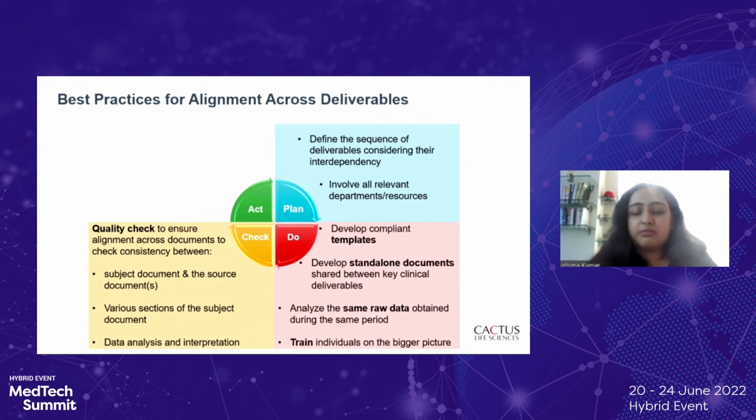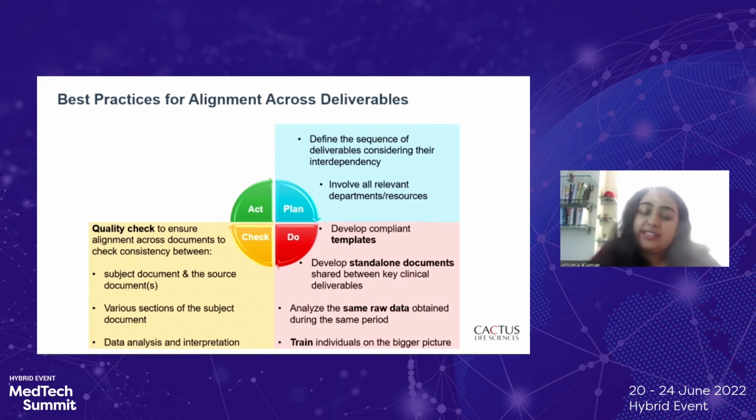So we need a QC in place to make sure that that's all done. Not just when you're working individually. Even when these documents require cross-functional input, they undergo multiple rounds of reviews internally before they're submitted. So when you've been asked to make a certain change in one place, there are a lot of dependent sections that then need to be updated. So there needs to be a quality check in place to ensure that all of these things are taken care of.